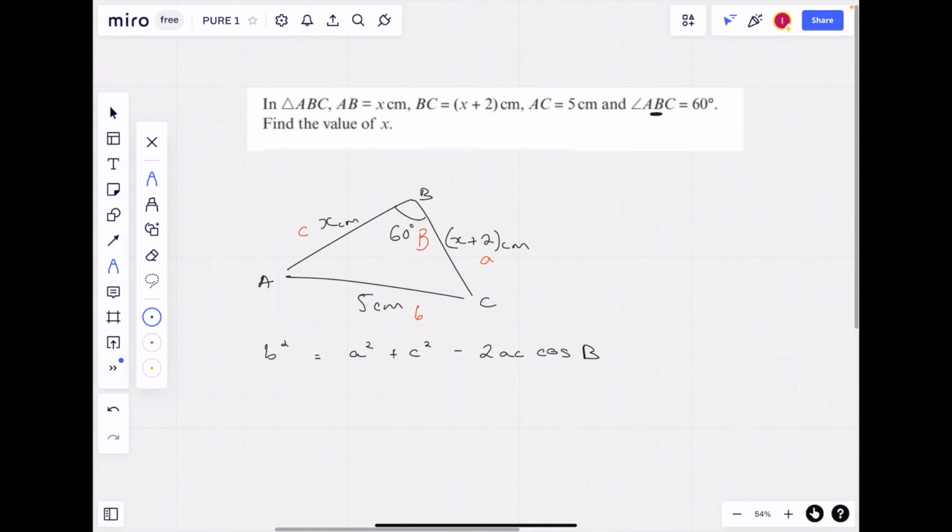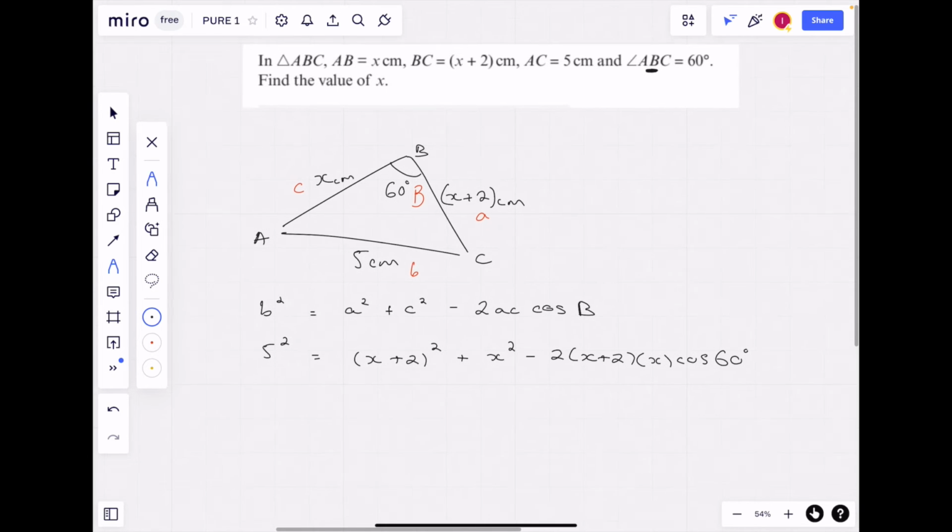We can't have cos A, we can't have cos C. So 5 squared is equal to x plus 2 all squared plus x squared minus 2 times x plus 2 times x cos 60.